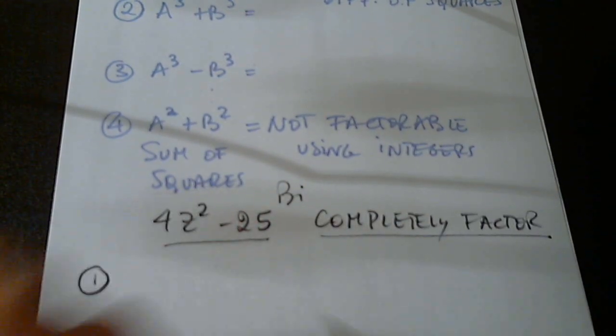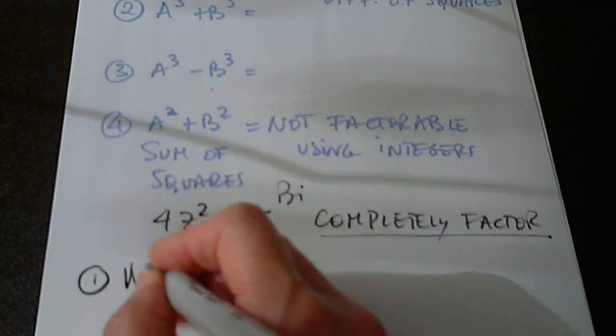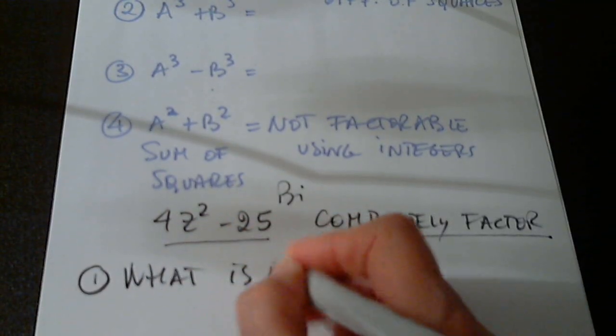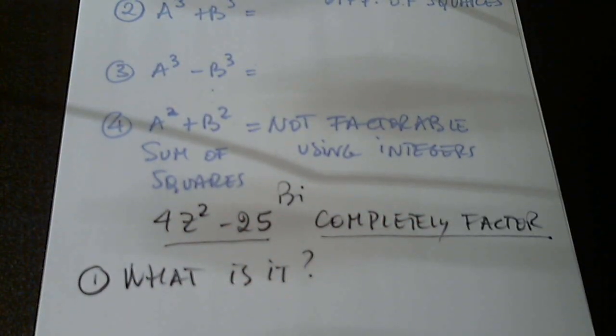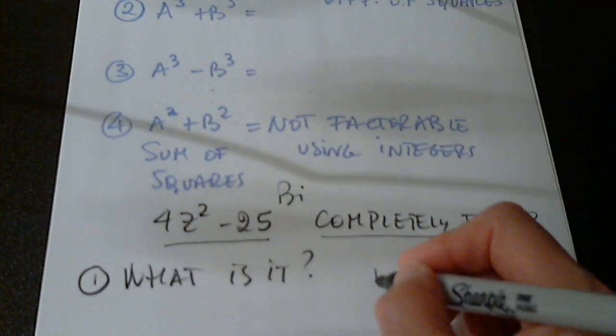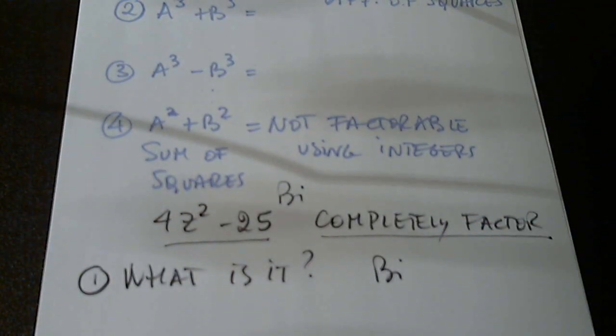Step number 1. What is it? That's my first thought in my mind. What is it? And I have to immediately answer binomial, because the strategy is different for the others.